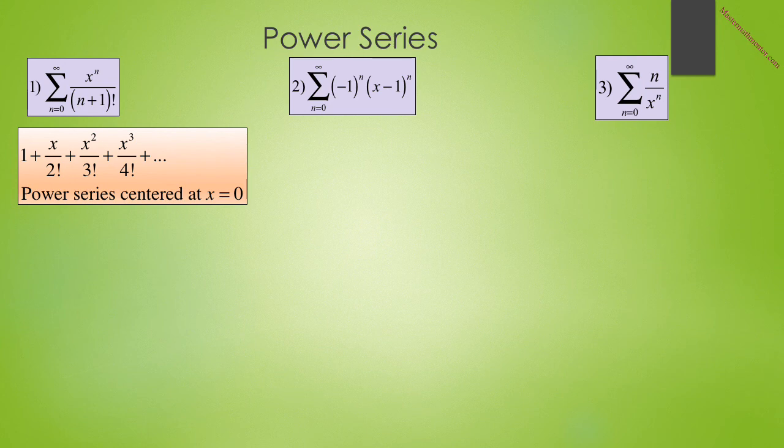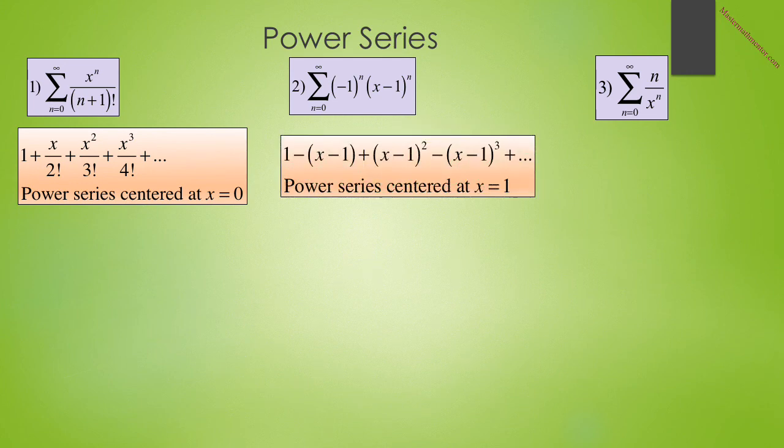Expanded, this is 1 plus x over 2 factorial plus x squared over 3 factorial plus x cubed over 4 factorial plus ... This is a power series in that there is a constant, an x term, an x squared term, etc. And its center of convergence is x equals 0.